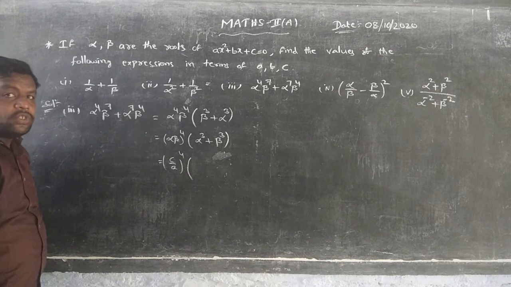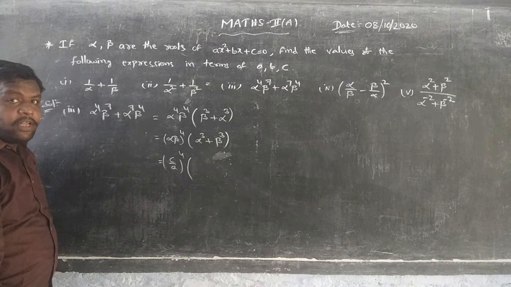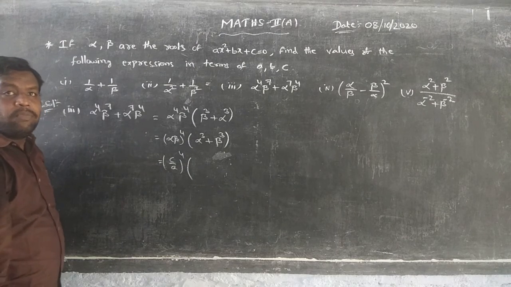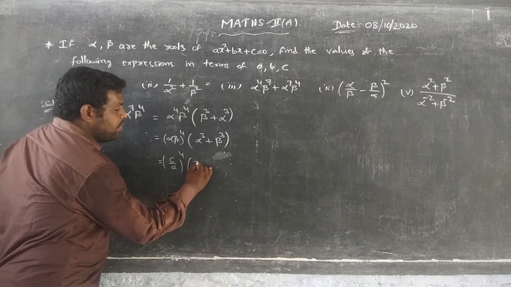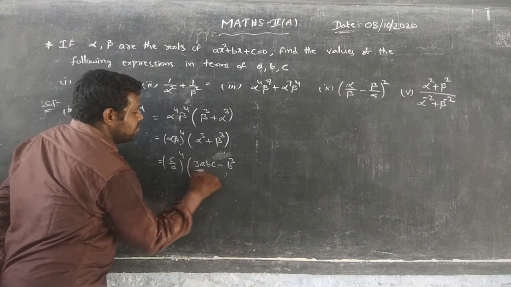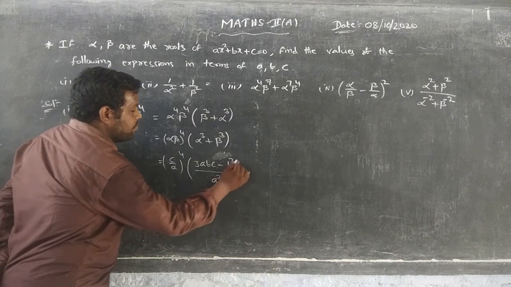Alpha and beta are the roots of the quadratic equation. Then what is the value of alpha cube plus beta cube? In the previous problem, the alpha cube plus beta cube value is 3abc minus b cube by a cube.